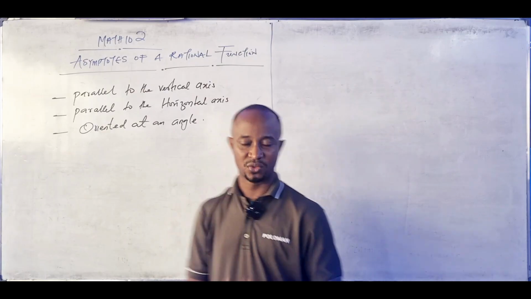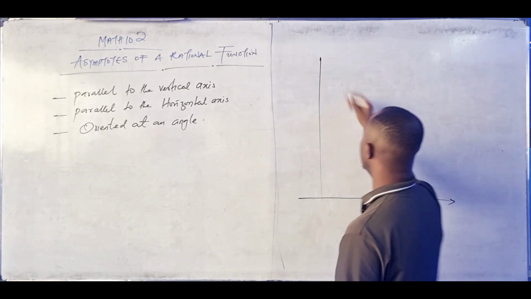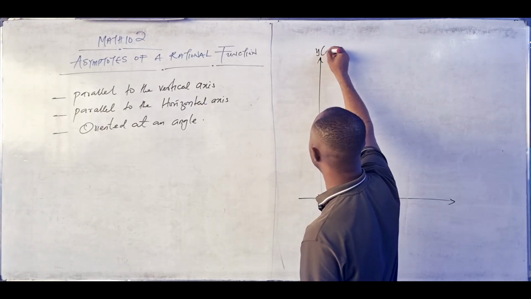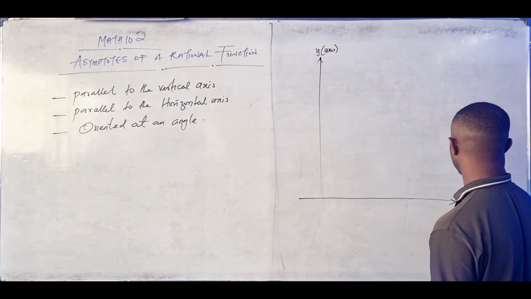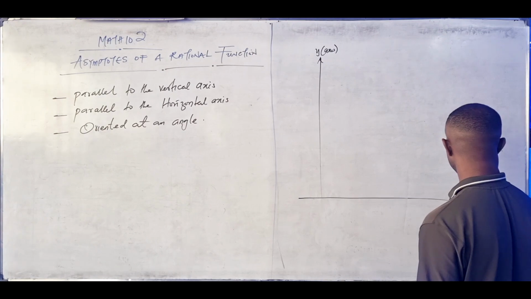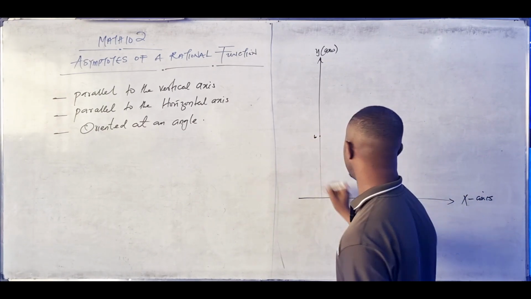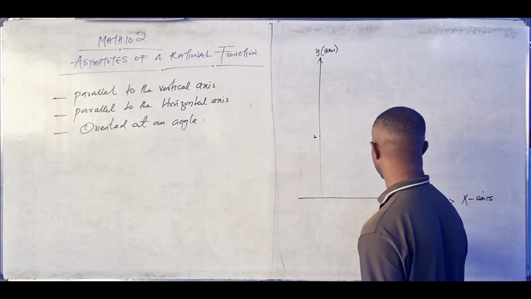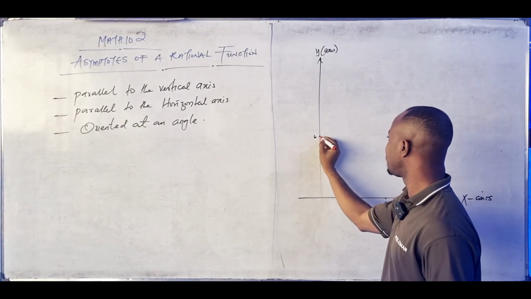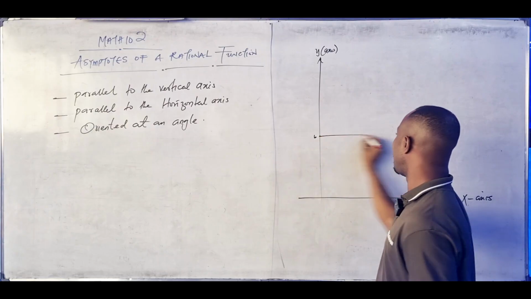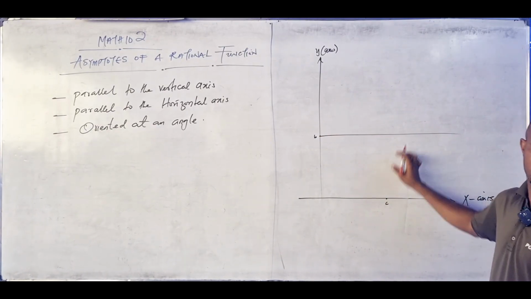For example, if I have a graph like this, what do we call here? The y-axis. If I have a point B here, and a point called C here, and a straight line that emerges from this point that is parallel to the x-axis, these two lines are parallel.